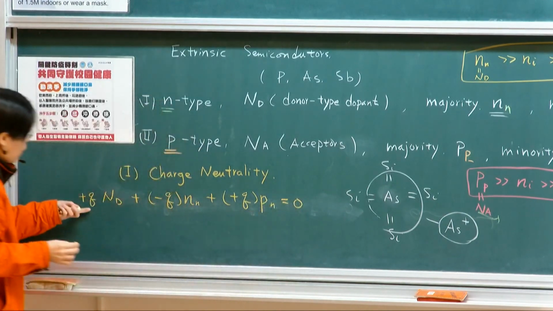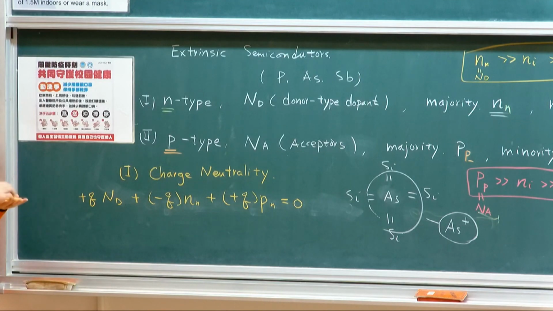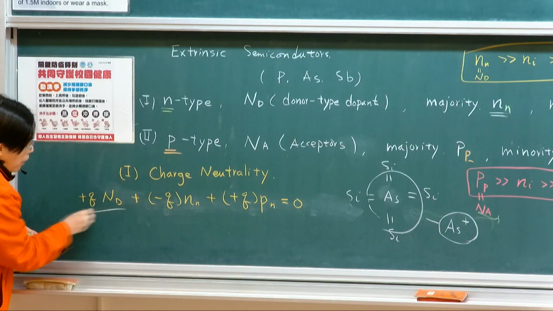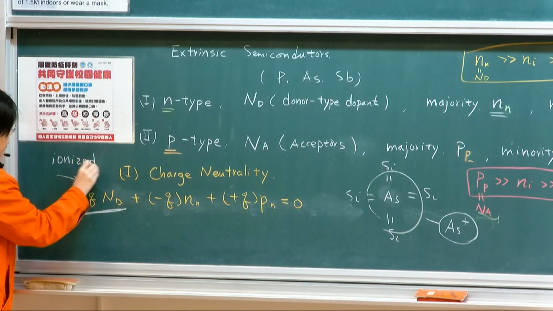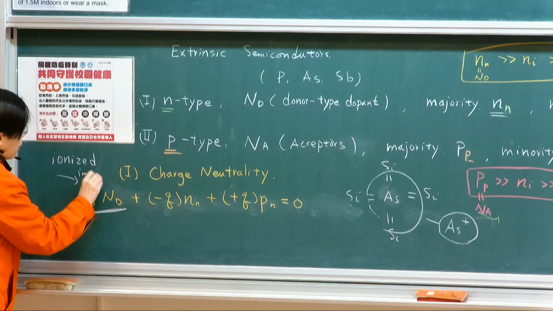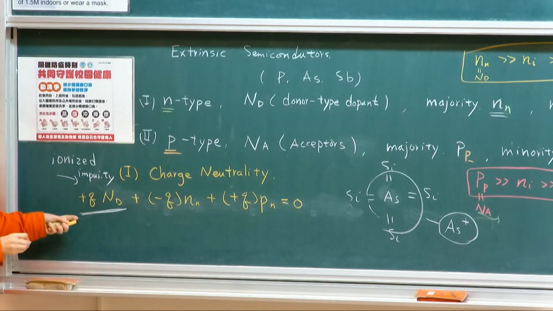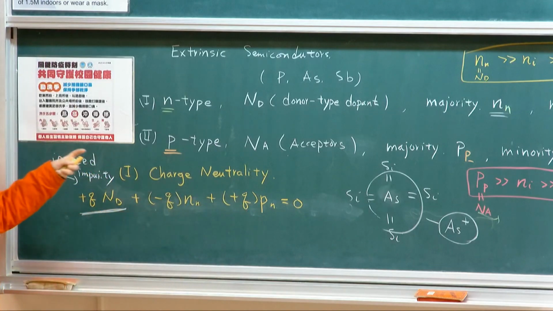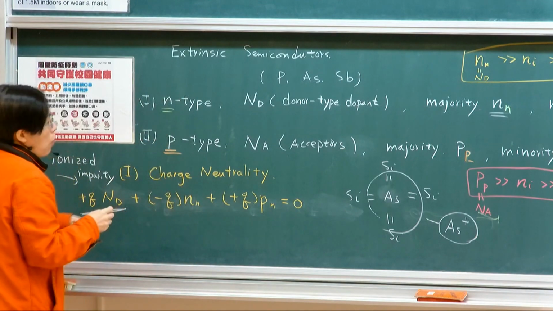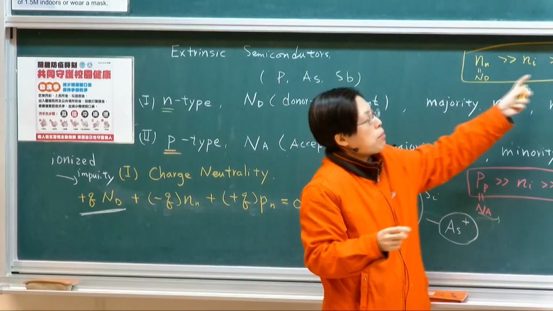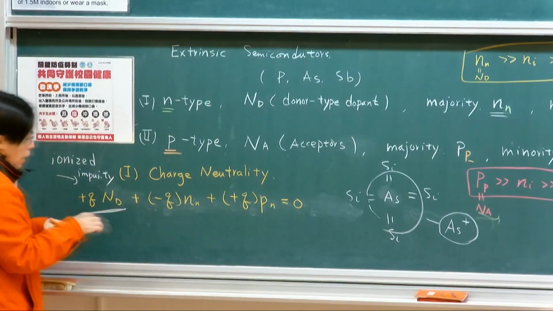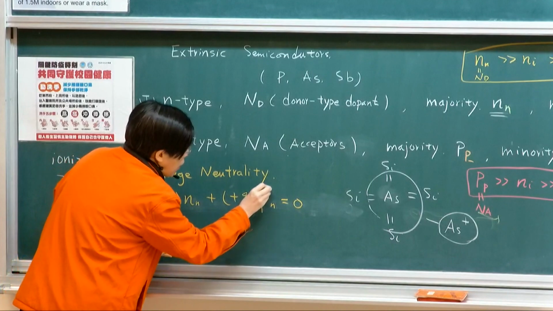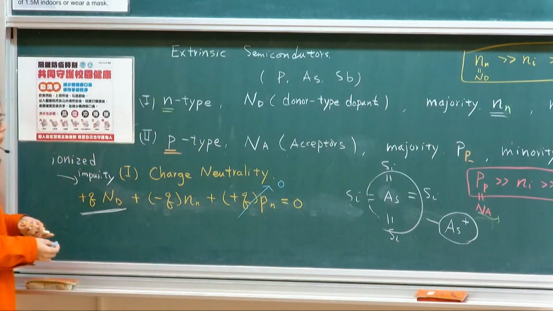So in an N-type semiconductor, the charge neutrality should contain 3 elements. Once again, there's an ionized impurity, and then there's the electron, there's the hole. They should be neutral. Because we already know the majority carrier is much, much larger than the minority carrier, in most cases we assume that this is negligible, close to 0.